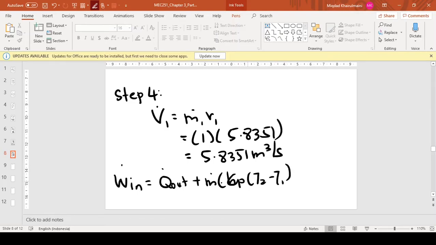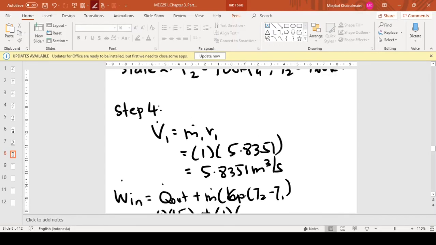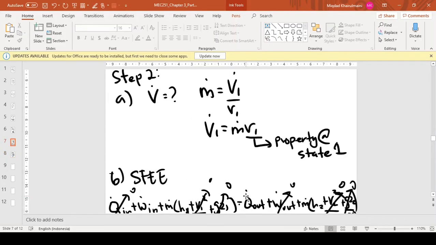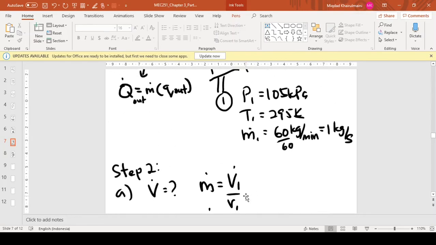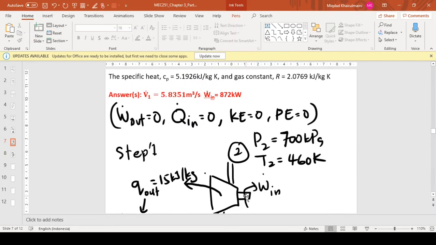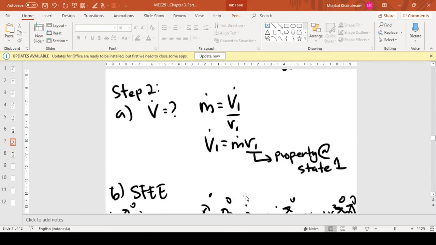Remember Q out is 15 in units kilojoule per kg, so we multiply with the mass flow rate, which is 1 here. For Cp, for helium, from the question it is 5.1926.